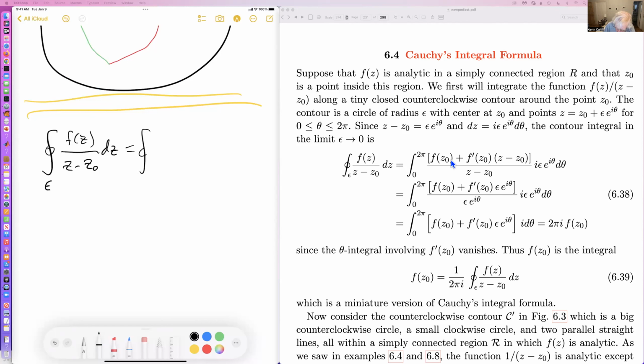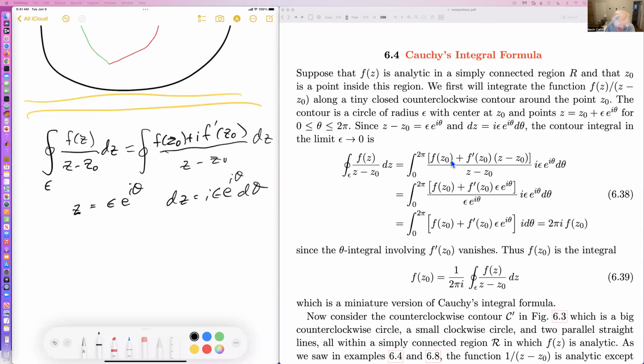This is just an integral of f of z0 plus f prime of z0 times z minus z0, over z minus z0, times dz. And dz here is very simple. Namely, we have z minus z0 equal to epsilon e to the i theta, so dz is i epsilon e to the i theta d theta.